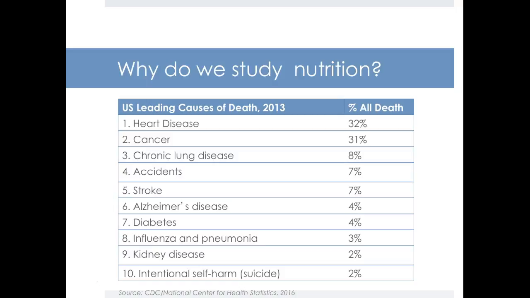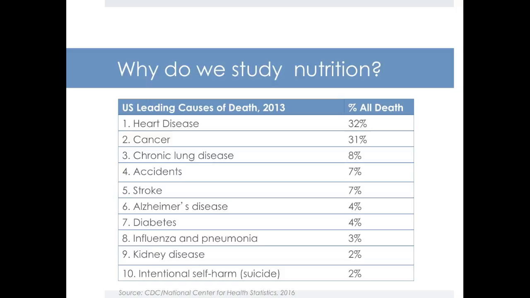And if you take all of these leading causes of death, you'll see that there's a number of them that are either directly or indirectly tied to food and nutrition and beverage choices either made or not made during the course of one's lifetime. So the ones that I want you to pay particular attention to and to circle in your notes are these following diseases, again, that are either tied directly or indirectly to dietary decisions made or not made during the course of one's life.